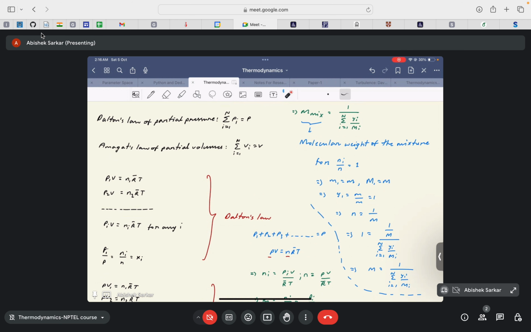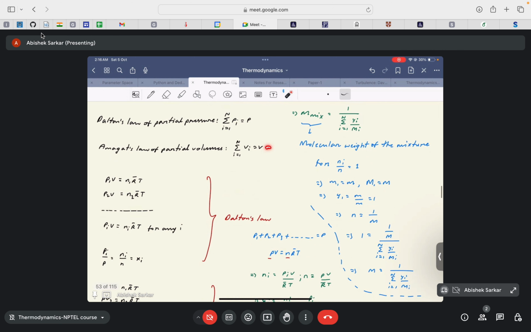Basically, Pi by P is equal to Ni by N, which is equal to Xi. A similar conclusion can be derived for Avogadro's law of partial volumes, where Vi by V turns out to be equal to Ni by N, which is equal to Xi. So let us now derive Dalton's law of partial pressure.